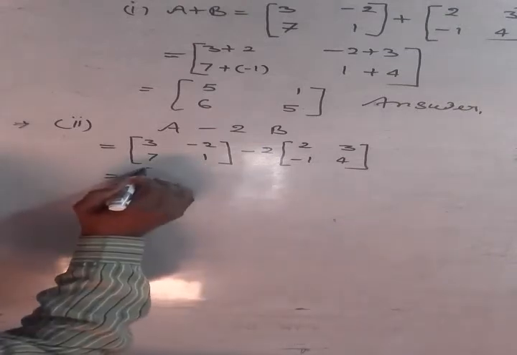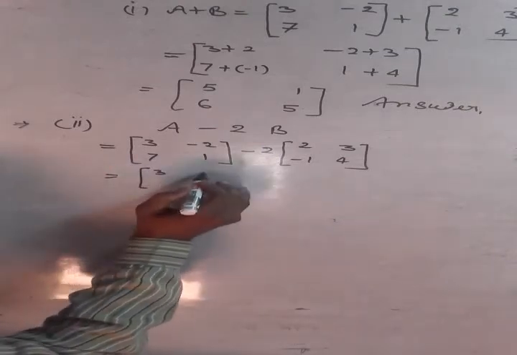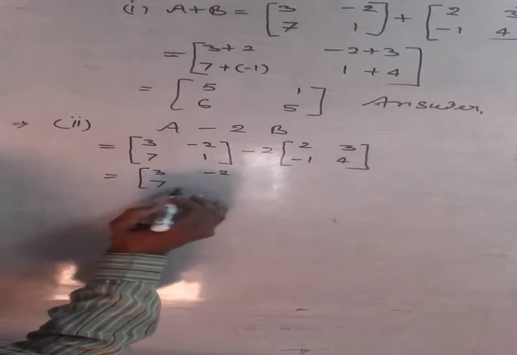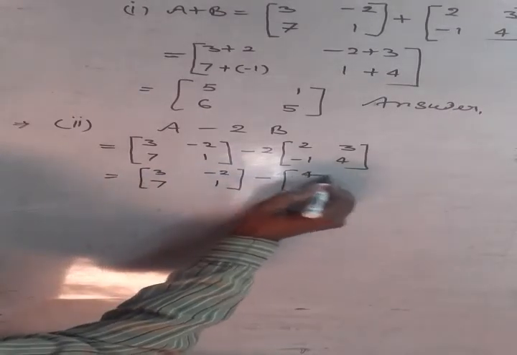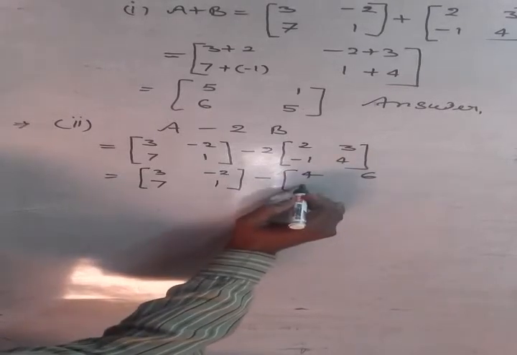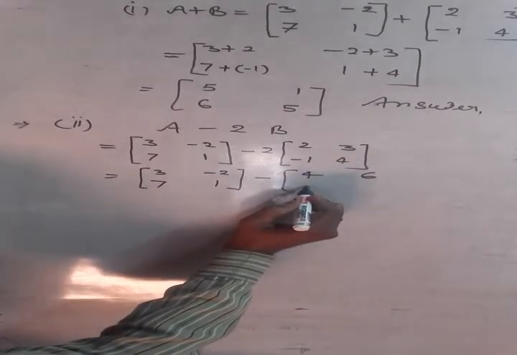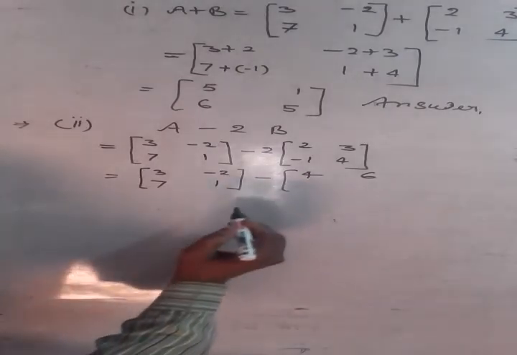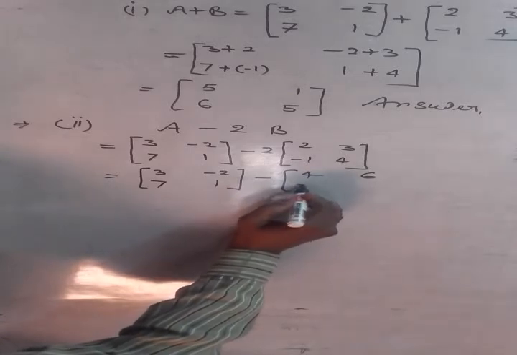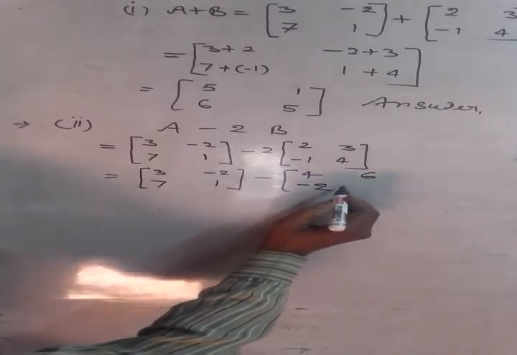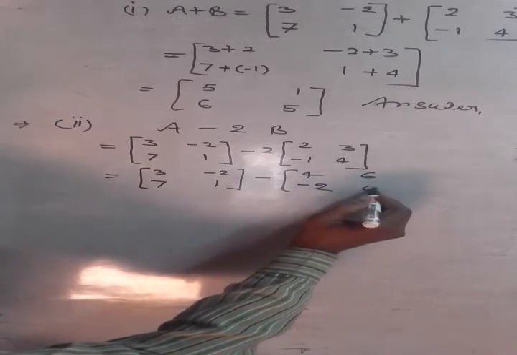That is 3 minus 2, 7 1 minus 4 6, minus 2 8.